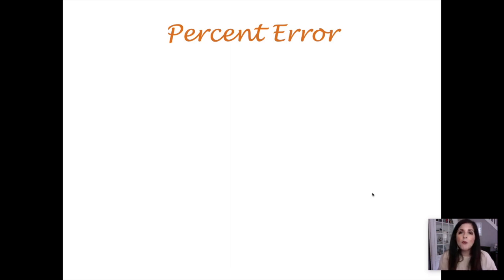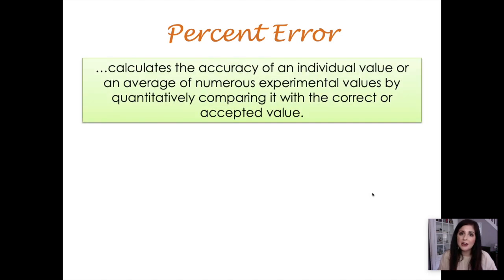So the way to determine accuracy is by calculating a percent error. Your percent error calculates the accuracy of an individual value or an average of numerous values, because again, you don't normally like to do something once, you like to do it a few times, by quantitatively comparing it with the correct or accepted value.